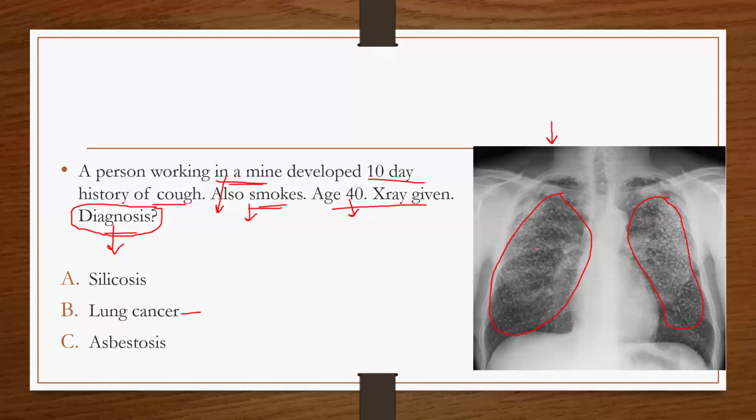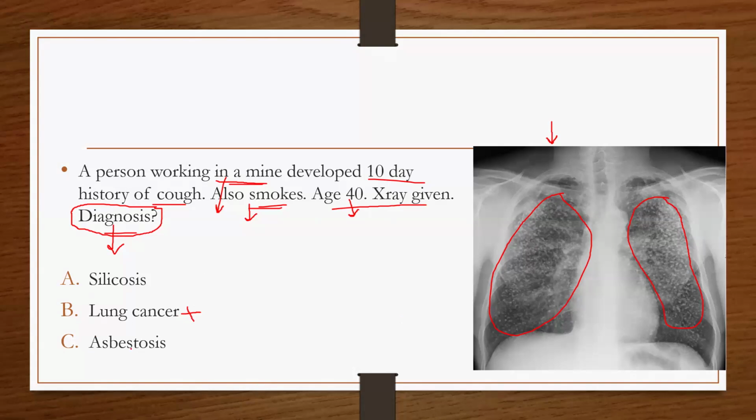It will not be a generalized ground glass opacity in a primary lung cancer, because they have said lung cancer, you have to think of it as a primary lung cancer. So you can exclude this. Lung cancer is not going to be the case here because you should have a cancerous lesion shown in the X-ray. Then you are left with silicosis and asbestosis.